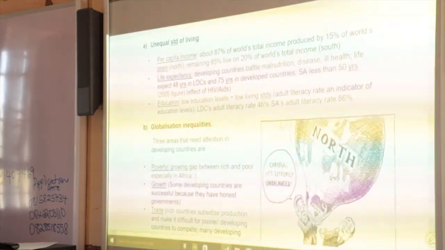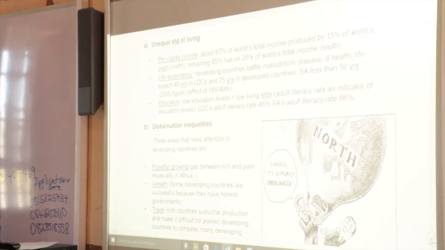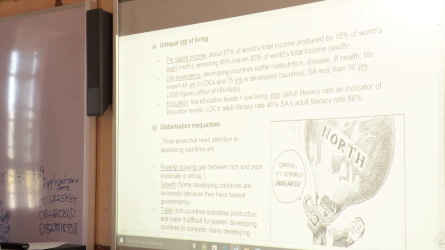Life expectancy, we have done that. The developing countries are battling with malnutrition, diseases, ill health, and their life expectancy as a result is lower at 48 compared to 75 for the developed countries. Education, we also saw that it is low for the developing countries.